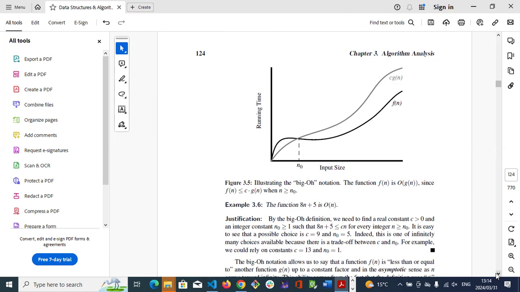The function f of n can be represented as the order of g of n, that is Big O of g of n, if there exist a positive integer n sub 0 and a positive constant c such that, as I'm saying, you see here where they compare the function c times g of n with the function f of n.